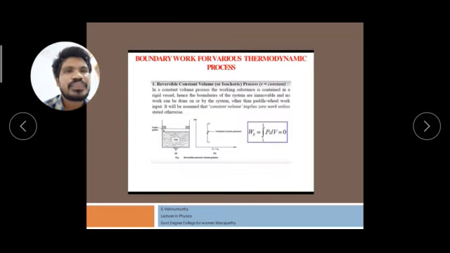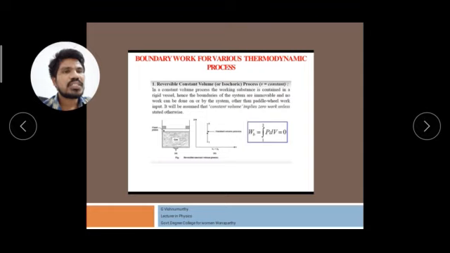Here you see the boundary work for various thermodynamic processes. The boundary work is denoted with WB, equal to the integral from 1 to 2 of P dV, where P is the pressure and dV is the variation in the volume. Because we are working with this system at constant pressure, there is no variation in pressure but there is variation in the volume.